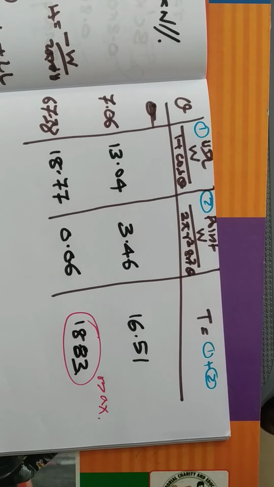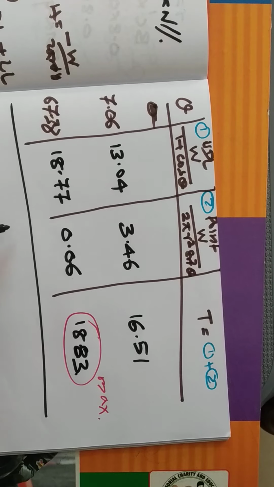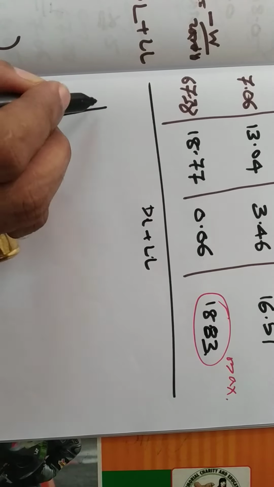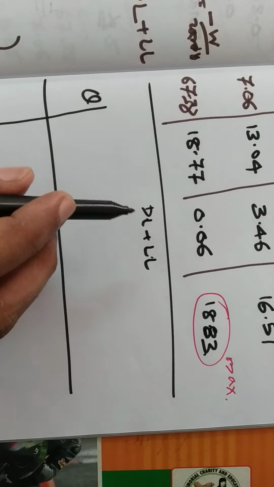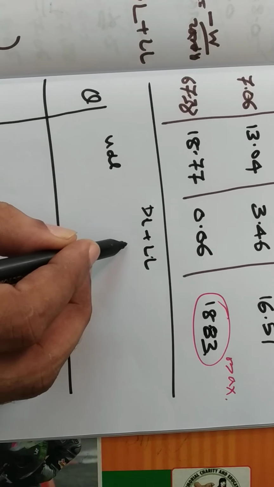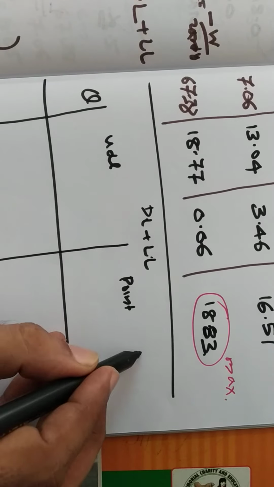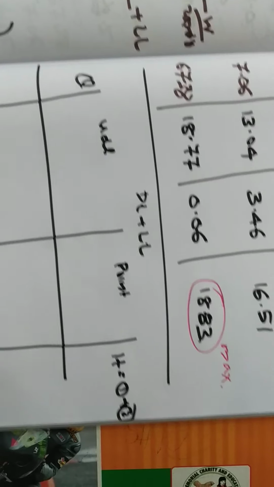Now let us do it for H. H also the same way, dead load plus live load, the same first case. Theta, then the UD load column, then the point load column, then H, which is 1 plus 2, adding 1 and 2.